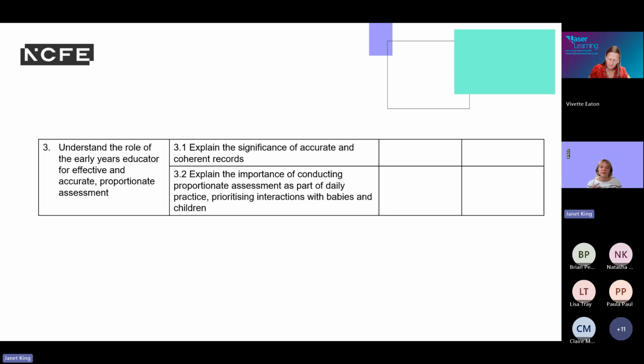That's what we do. And so prioritising those high quality interactions with babies and children is the only time that you can do observations. I'd emphasise the fact that when we're with our babies and children, we are observing and making assessment judgments absolutely every minute of every hour that we're with them, because we might decide, "Oh, okay, I'm going to pick Janet up."